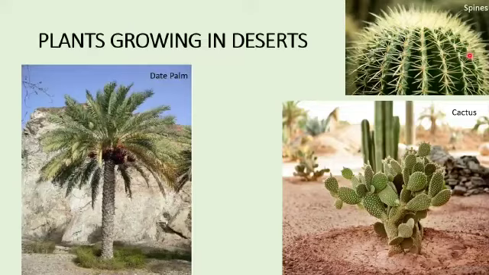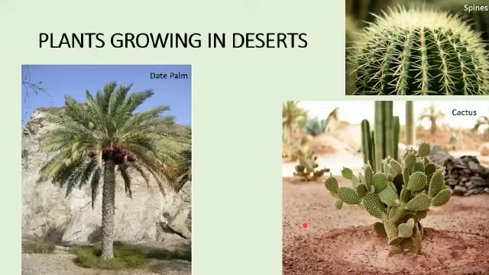So this way they are protected. The stem is green and fleshy. It contains chlorophyll. It prepares food for the plant and also stores food and water. Roots go deep under the ground and widespread to absorb maximum water from the soil quickly.